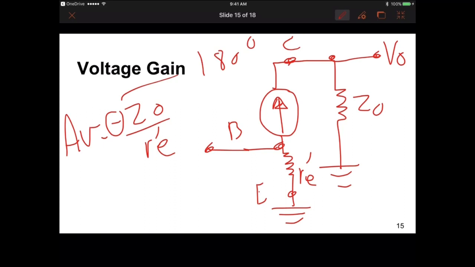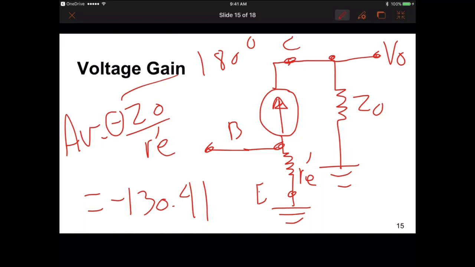So the output impedance, 955.93, divided by R prime E, 7.33, equals minus 130.41, which means 180 degrees out of phase with the input.